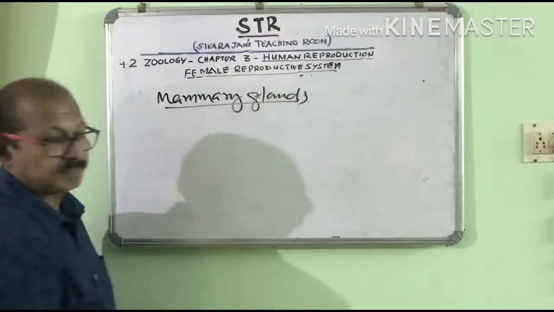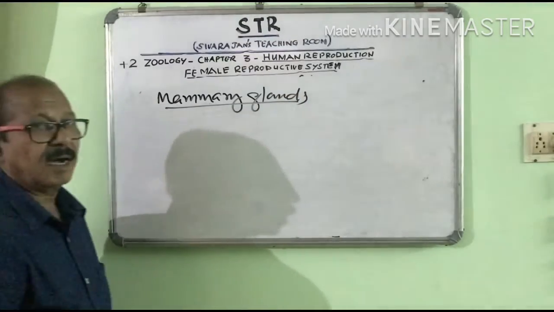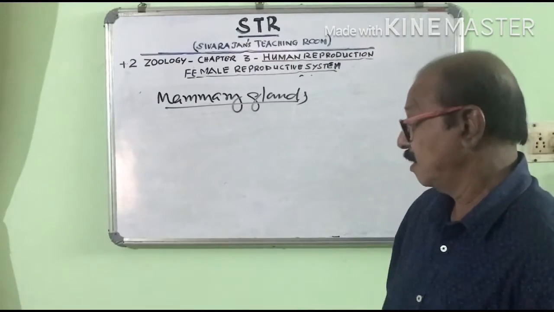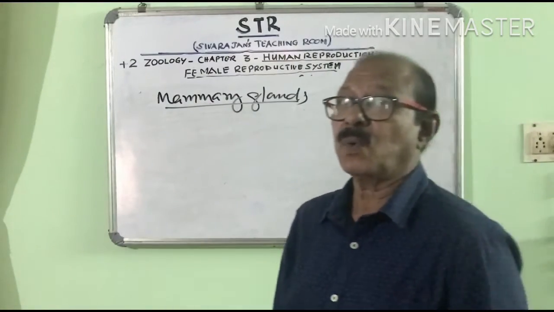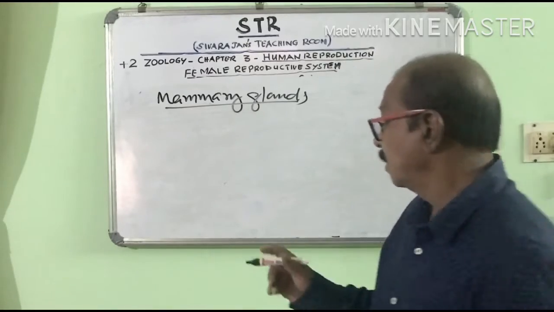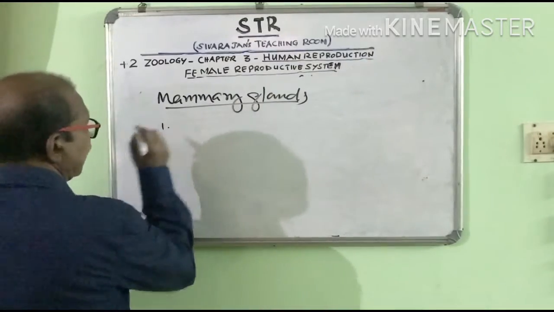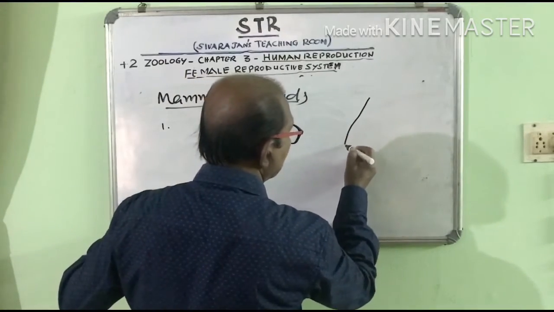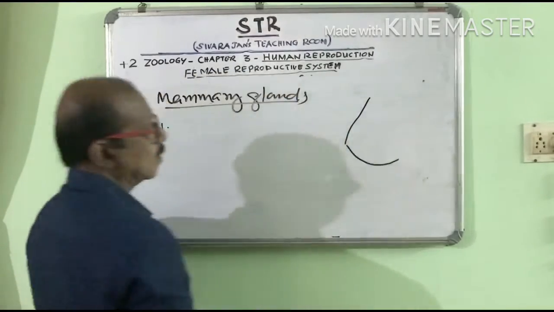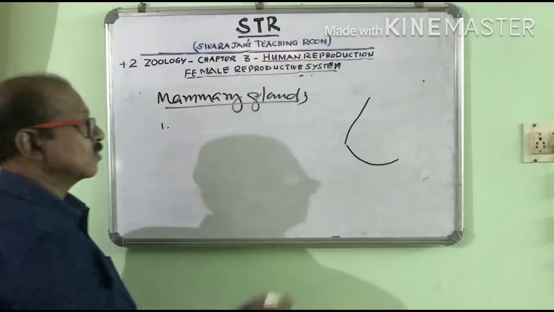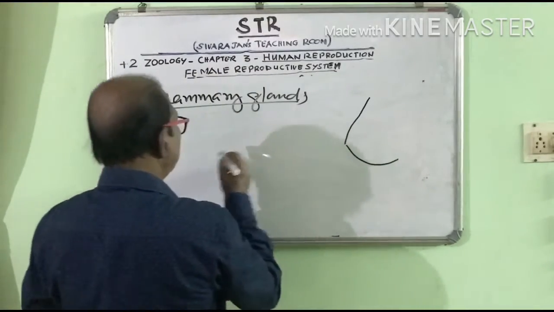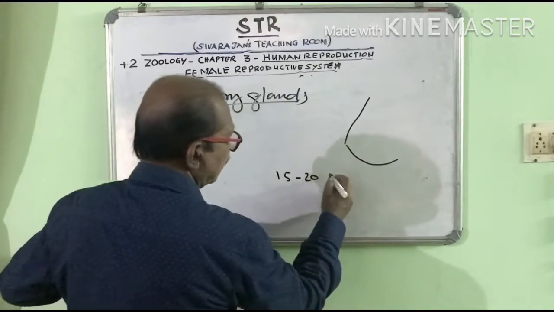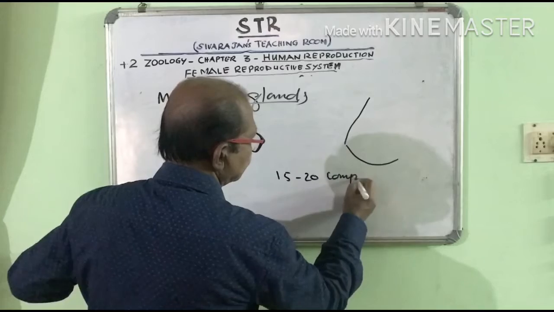The mammary glands. The mammary glands are seen in mammals and they are seen in pairs. In human beings, we have one pair of mammary glands, and each mammary gland has got 15 to 20 compartments.